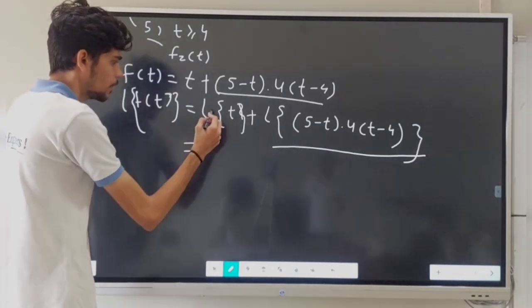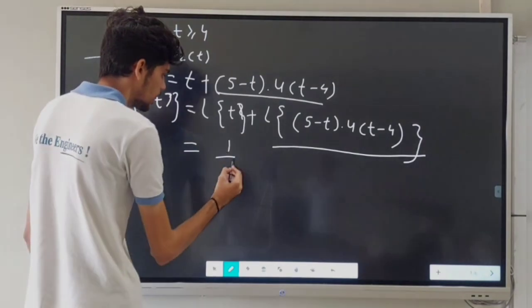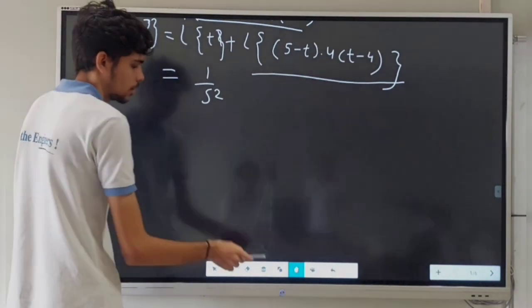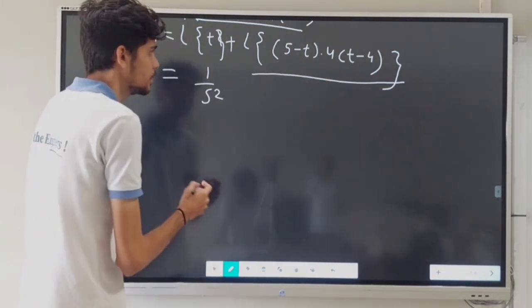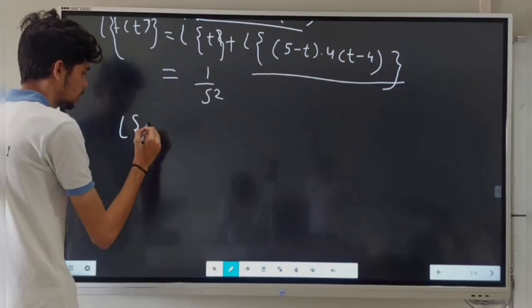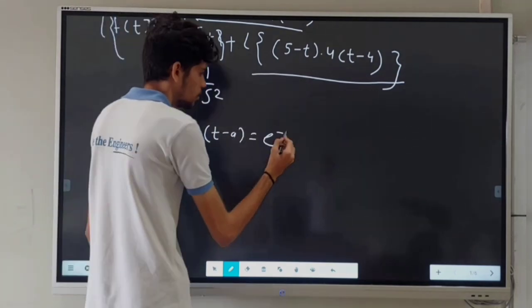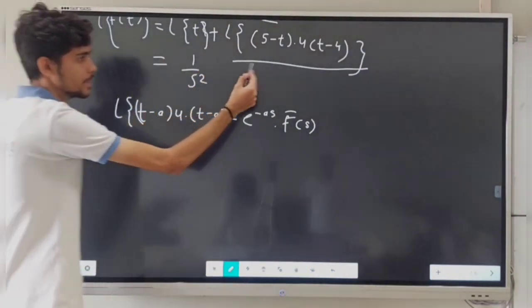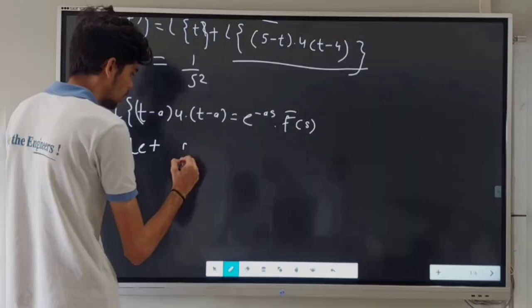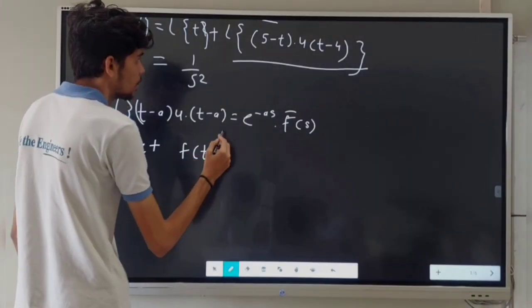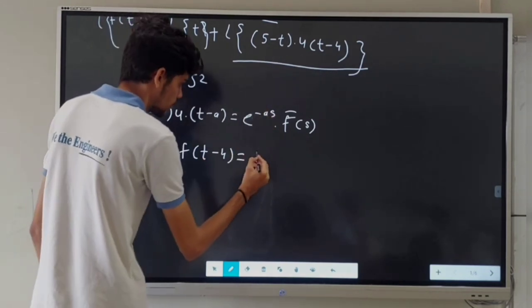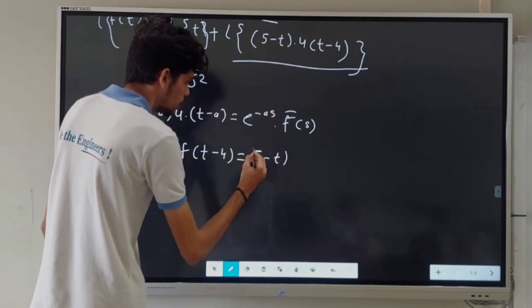The Laplace of t is 1 upon s square. For solving this there is a property. Let us take f of t minus 4 and the second 5 minus t.